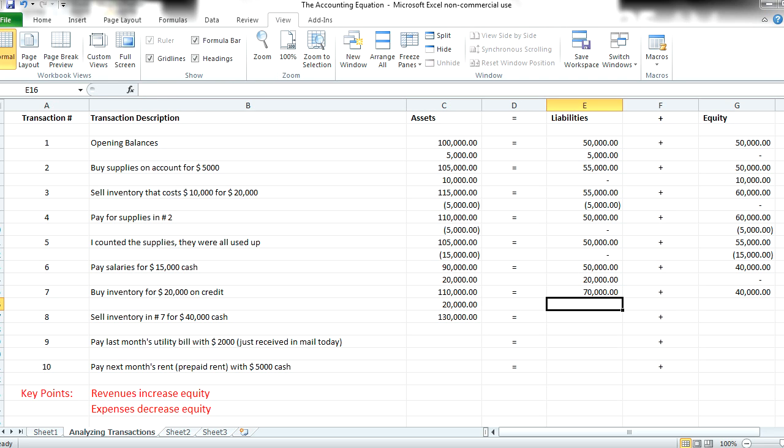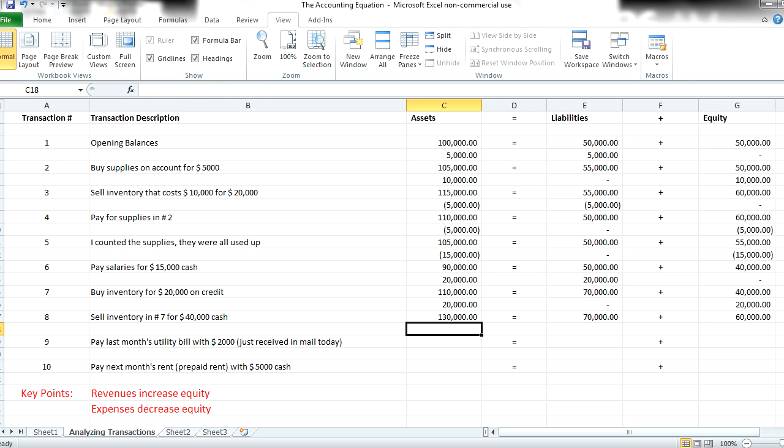And there are no liability accounts involved, so there's no change there. But we've earned net income of $20,000. That's the difference between what the inventory cost us and what we sold it for. So we're going to increase equity by $20,000.